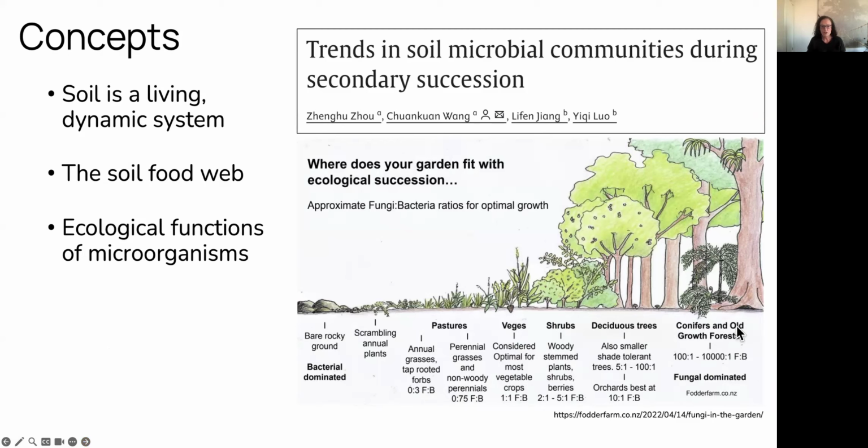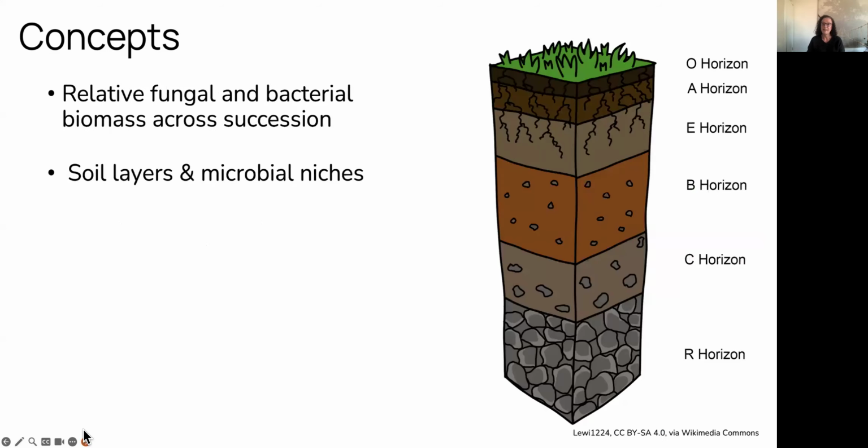And soil is constantly changing because it's shaped by succession, the organic matter inputs that we put in, and the disturbances that we cause. We have a soil food web, and the soil food web has ecological functions and microorganisms, and we need to look at them and see who dominates and what they tell us. So let's look at the trends.